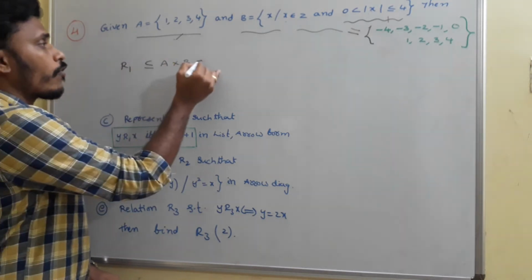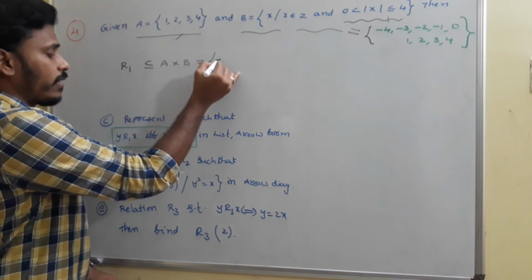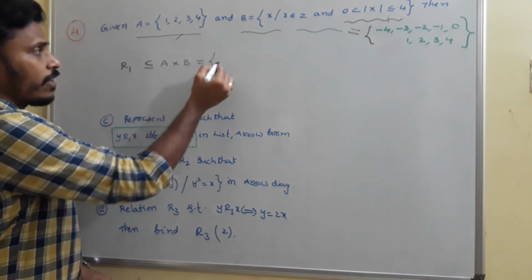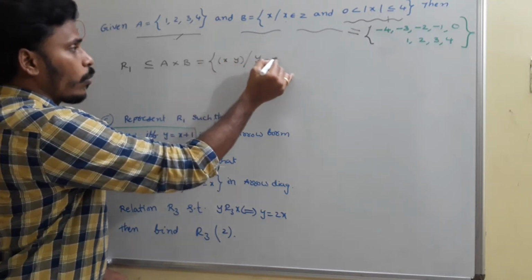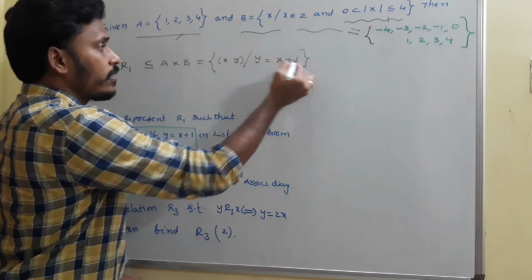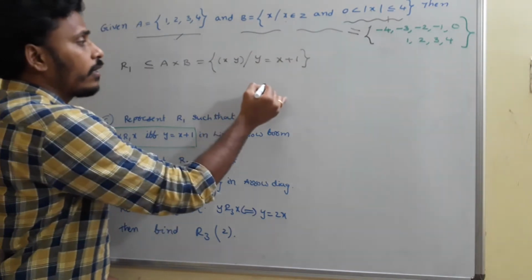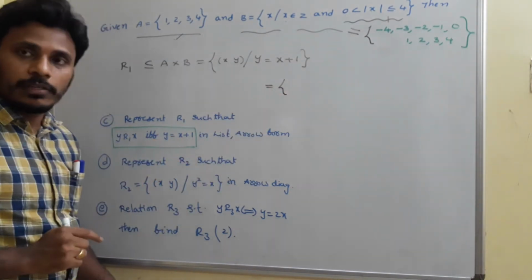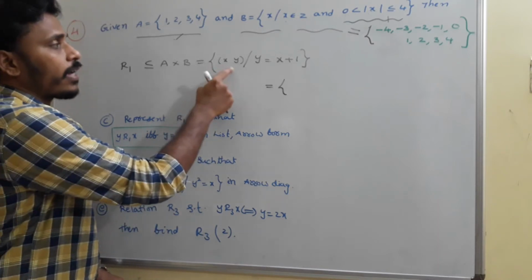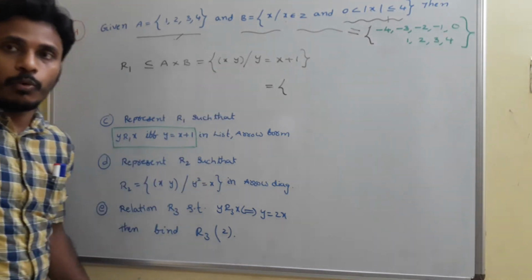And the definition of R1 is simply given with this definition. What is the definition? The ordered pairs (x,y) such that y is equal to x plus 1 is the basic definition. And y R1 x if and only if y is equal to x plus 1 is equivalent to (x,y) such that y is equal to x plus 1. Both are the same.